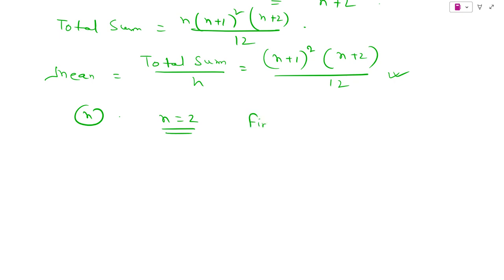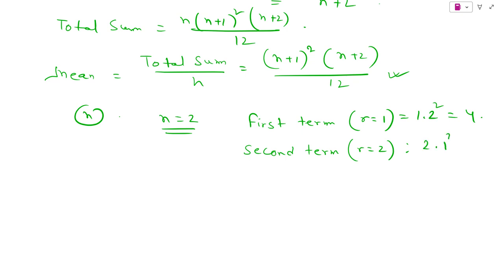The first term, r equal to 1, so this will be 1 into 2 square, so this is 4. And the second term, r equal to 2, so this will be 2 into 1 square. This is 2. So the actual mean of these numbers is (4 plus 2) by 2.